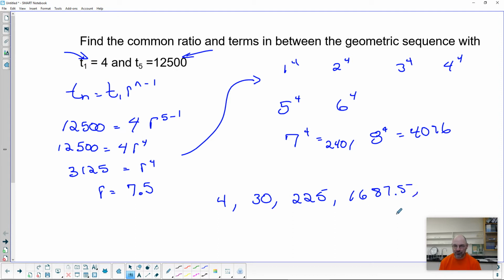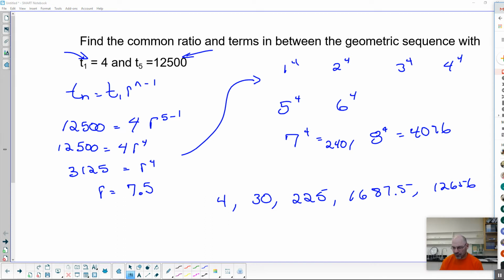And then the last term should be our 1200 if we multiply by 7.5 again. So it gives us approximately 12,656. It's a little bit big, but I rounded off, right? So that's approximately how you would do it. Now yours is going to work out to an even number. And that's the process that you would follow for the first question that you asked about, 5.